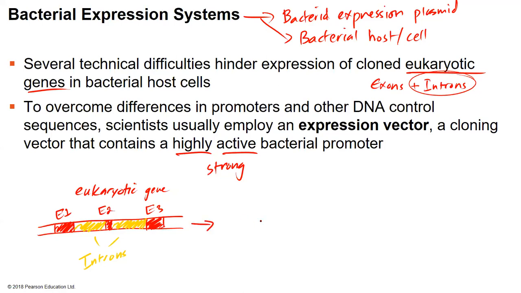So the mRNA of the gene like this will contain, so this is the mRNA of the eukaryotic gene, and we could convert the mRNA into something called cDNA. And the cDNA is actually a double-stranded DNA.